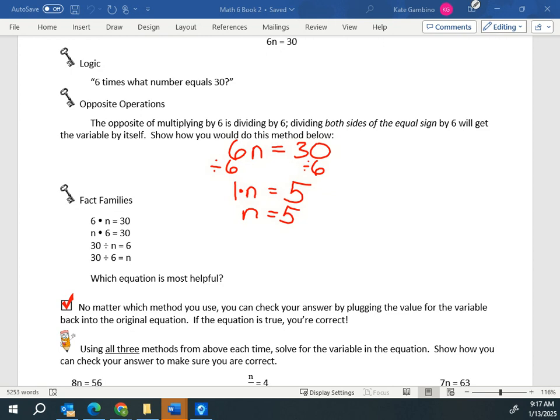Which one of those fact families is the one that we want to use to solve this equation, Sarah? Yeah, 30 divided by 6 equals n. So when we figure that out, we know what n is. So just like with the addition and subtraction, we're going to work through all three ways, and you're going to decide which ways work for you.